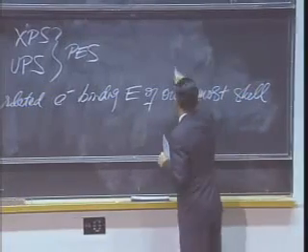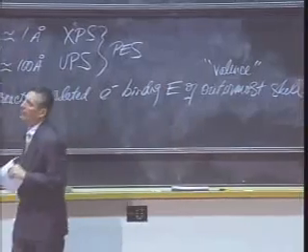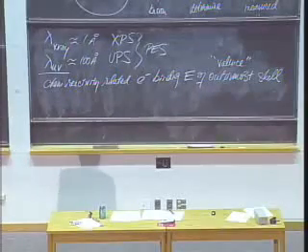And this outermost shell is termed the valence shell. So at first blush you might say, well, why don't we just take the first ionization energy?